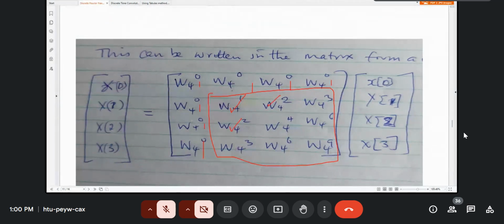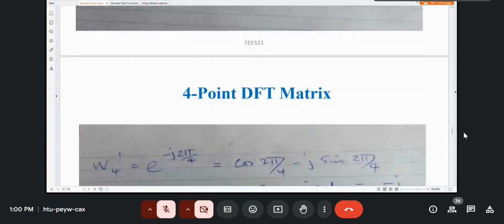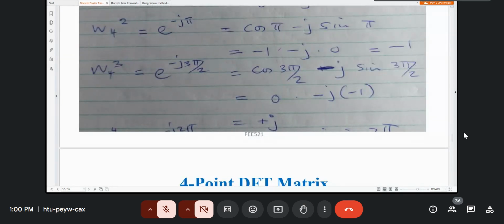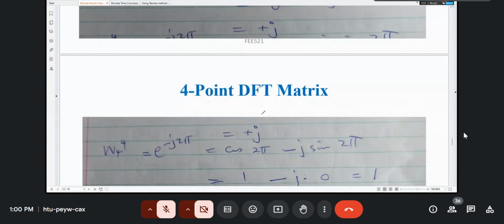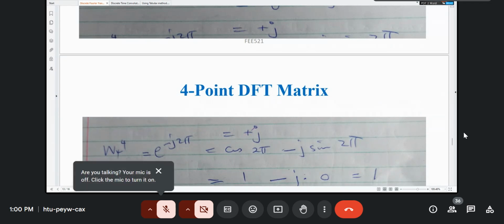Now we need W4 of 3. W4 of 3 is this one, and it becomes plus j.